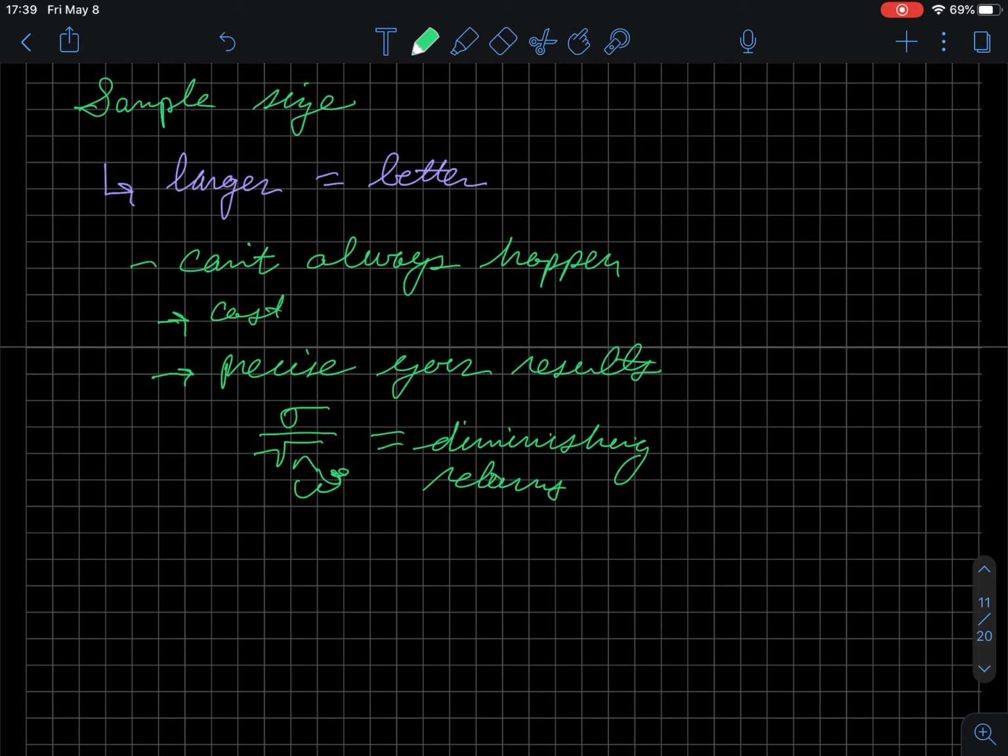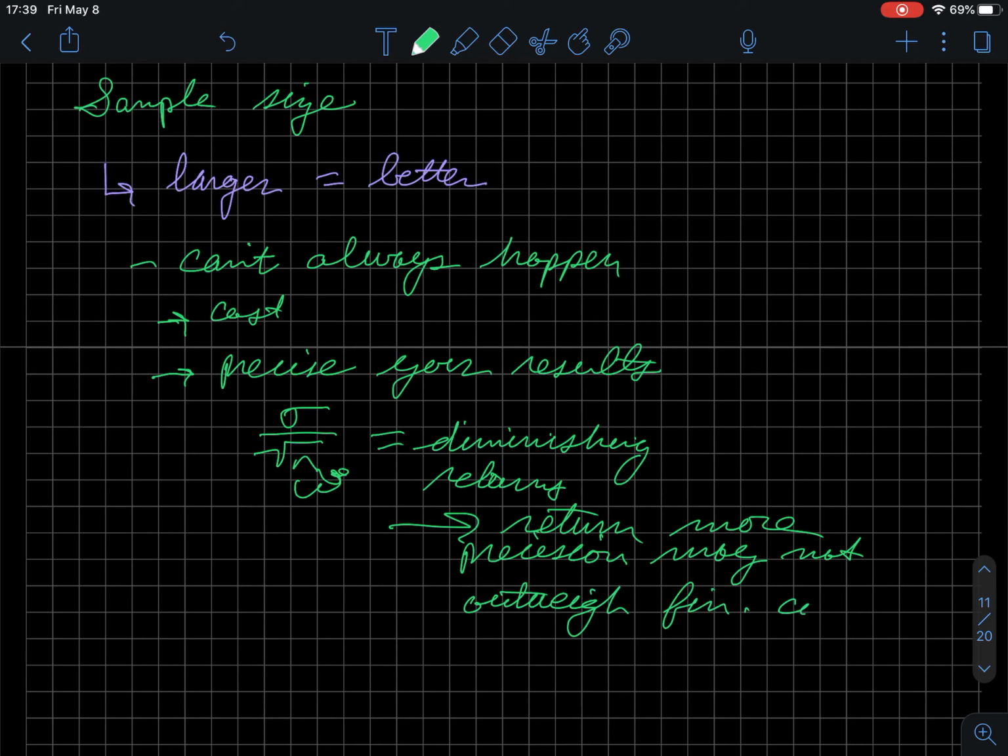And so while there's going to be a big difference between 100 to 500 people, the difference between 500 and 5,000 will be smaller, as well as 5,000 to 10,000. So the return for more precision may not necessarily outweigh the cost of the survey, or whatever other study, outweigh a financial cost. Plus there's time involved in getting to do with that, right?